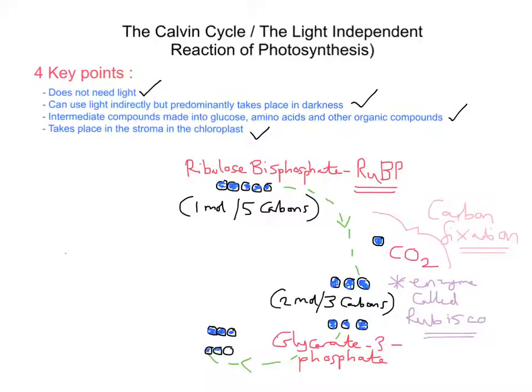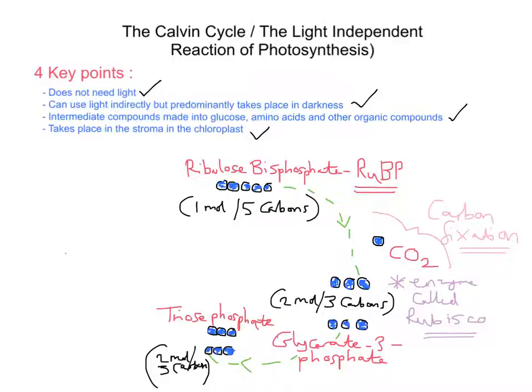So we've gone from one chemical to another completely different one. So these 2 3-carbon molecules here are known as triose phosphate. Now we've got 2 molecules, so we can write that down. We've got 2 molecules here, 2 mole, and each one has 3 carbons in it.